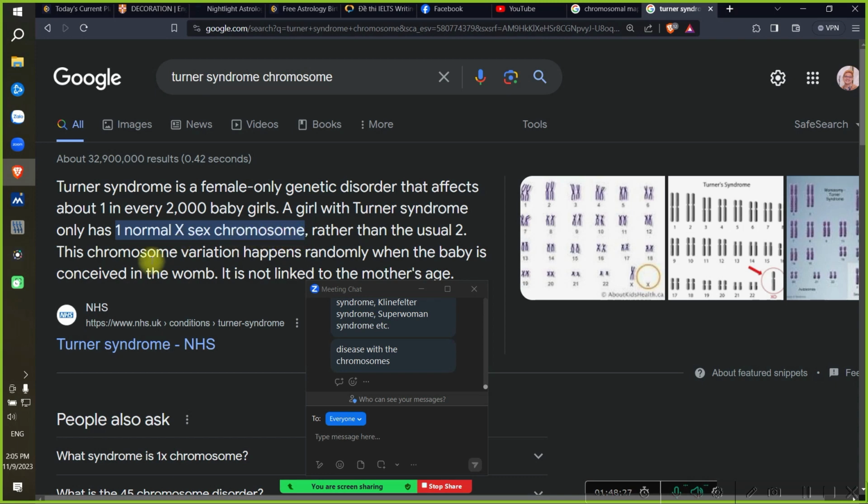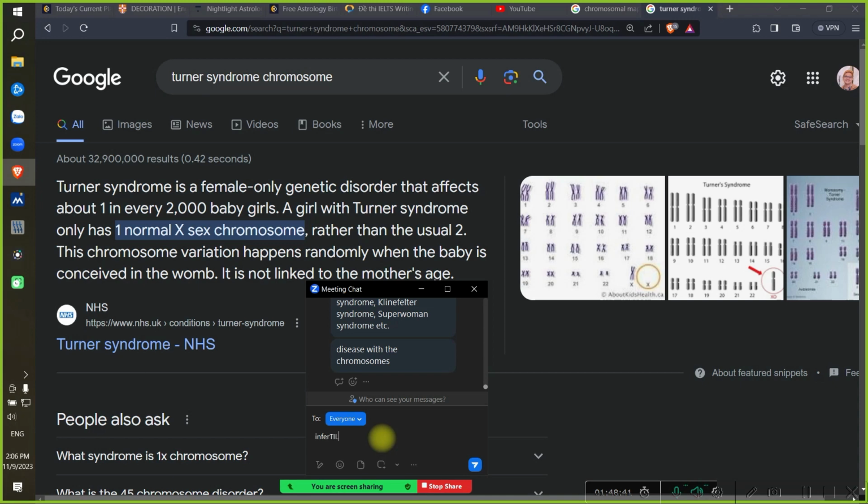This baby has Turner syndrome, and they will not survive for too long. And of course, all of these syndromes can cause infertility.